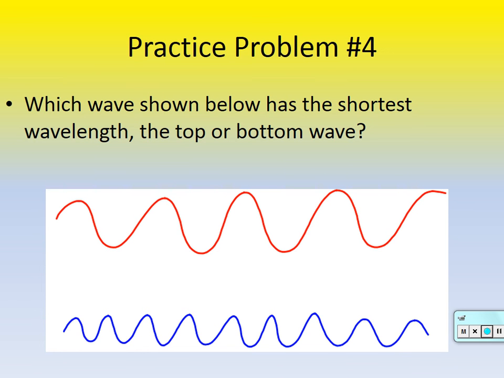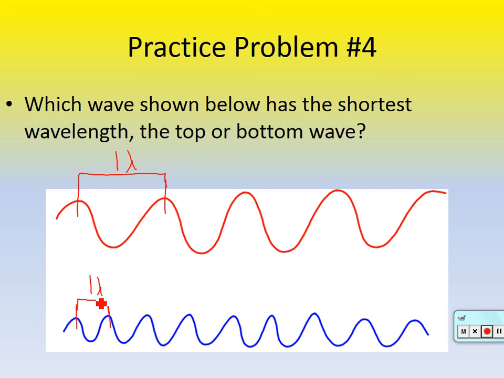Practice problem number 4. Let's try it, guys. Which wave shown below has the shortest wavelength? The top or the bottom wave? Which one has the shortest wavelength? So wavelength is equivalent points on a wave. If we go from peak to peak, wouldn't this be one wavelength? Yeah. And down here from peak to peak, this would be one wavelength.